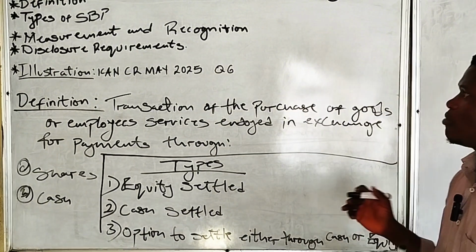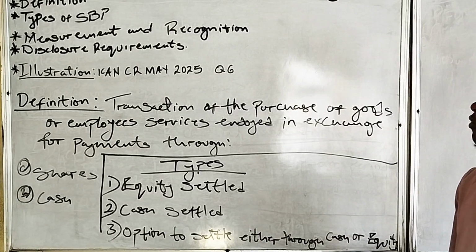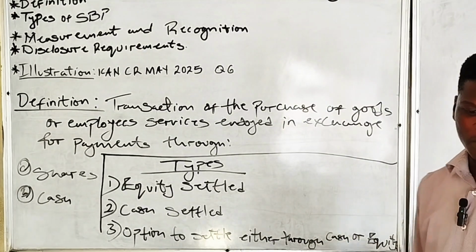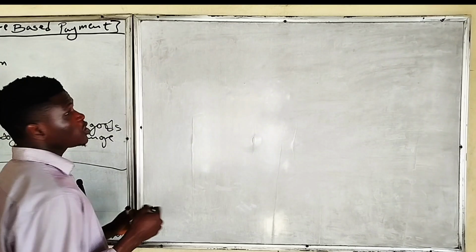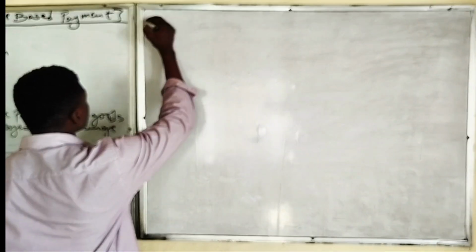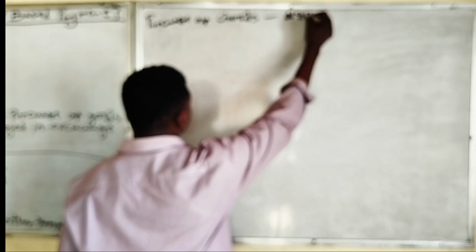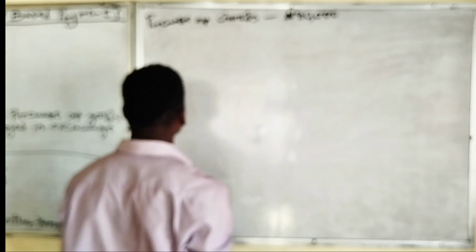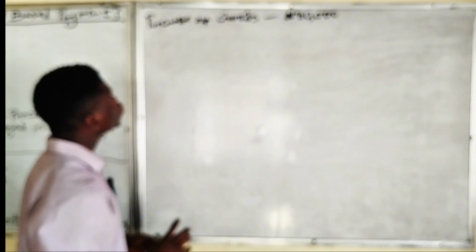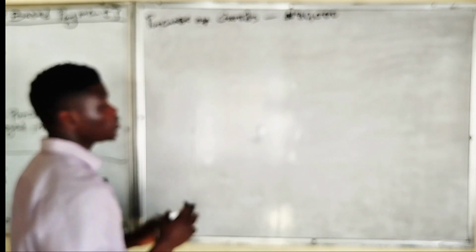Then moving to the measurement and recognition criteria for IFRS 2 share-based payments. So for example, let's say you purchased goods worth 80,000. So instead of paying this back through cash, you are settling it with shares.